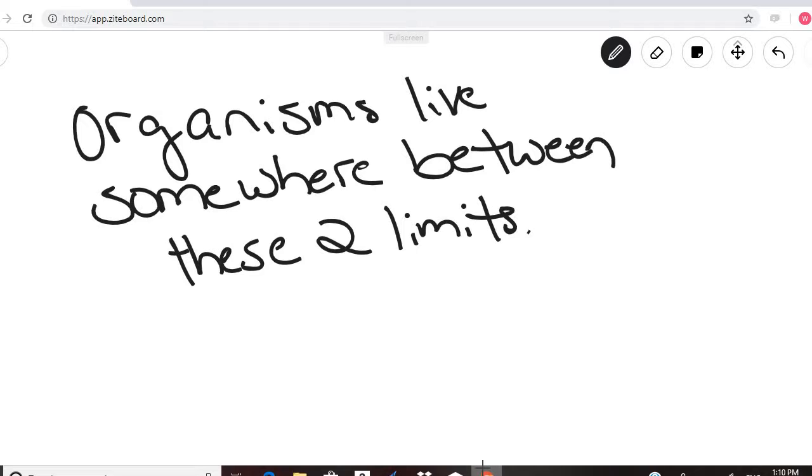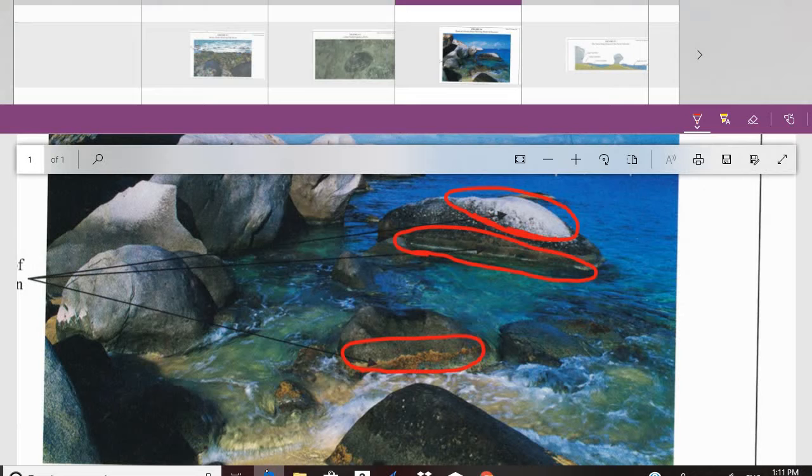If we look at our picture again, we know that for this lichen that is growing here, the area where it is growing is between its upper limit, determined by abiotic factors, and its lower limit, determined by biotic factors. So it's going to live somewhere between its upper and lower limit.